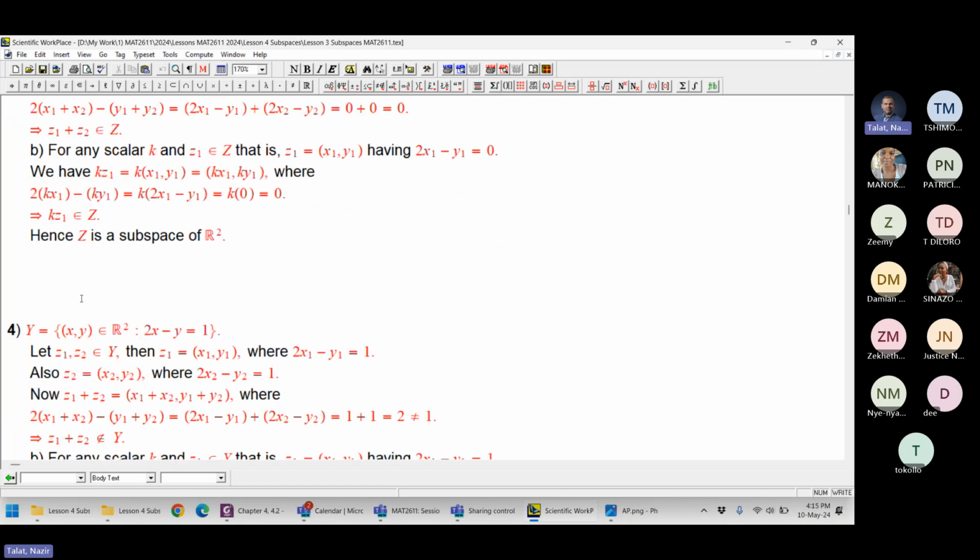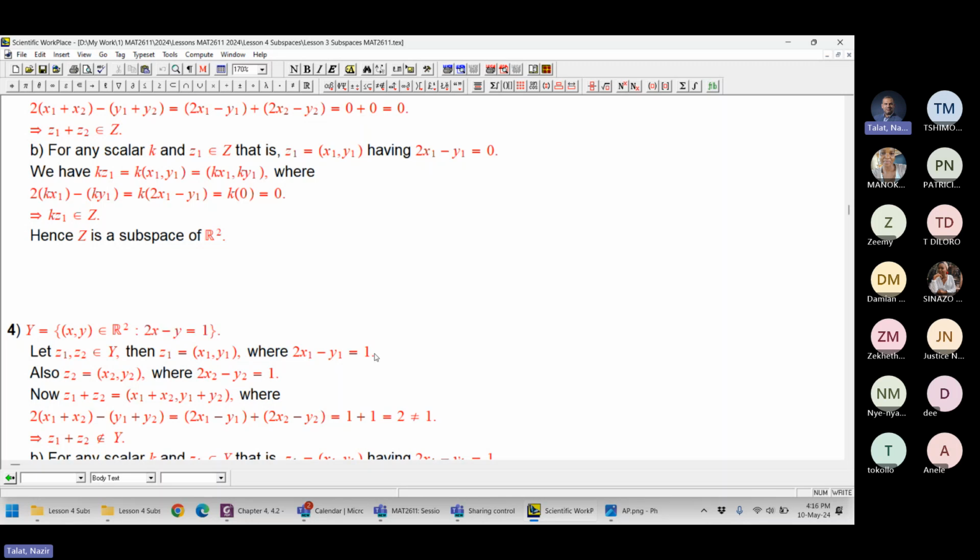Now let's see another example, to determine whether this set Y is a vector space or not. Here, if we take any two elements z1, z2 belonging to Y, then z1 will be of the form (x1, y1), where 2 times x1 minus y1 is equal to 1. Look, we are taking this condition: whenever the elements are of that form, they must satisfy its condition.